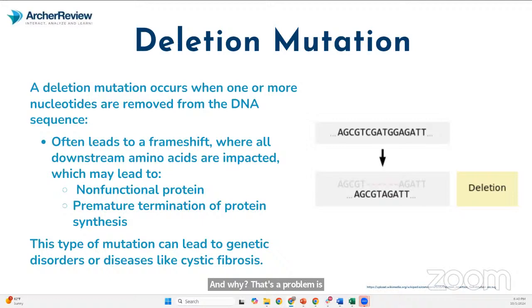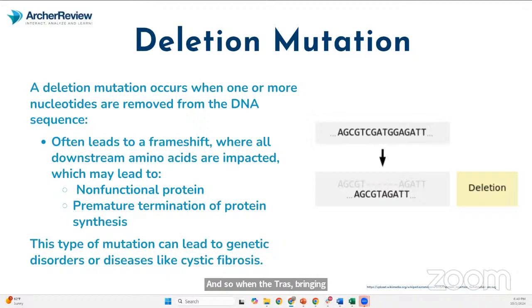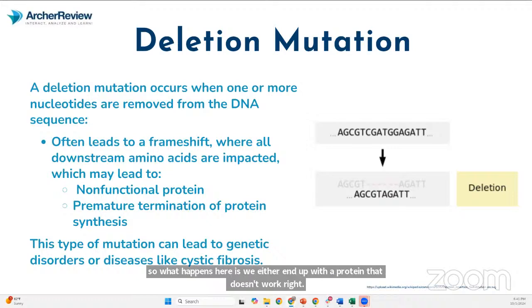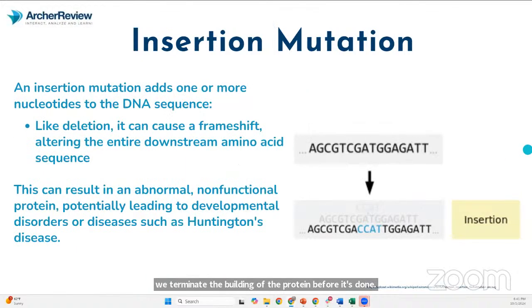And so when the tRNA is bringing over that amino acid and it's all messed up because there's a big chunk of DNA missing, it messes up all of the amino acids that were programmed from the point of the mutation on. And so what happens here is we either end up with a protein that doesn't work right, or we terminate the building of the protein before it's done. And this can cause disorders like cystic fibrosis.